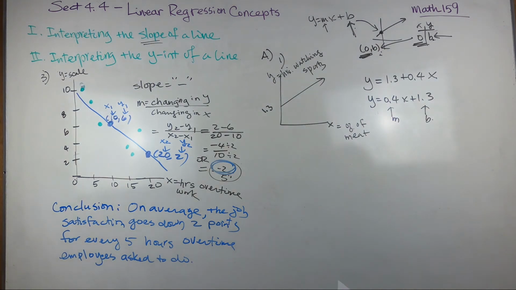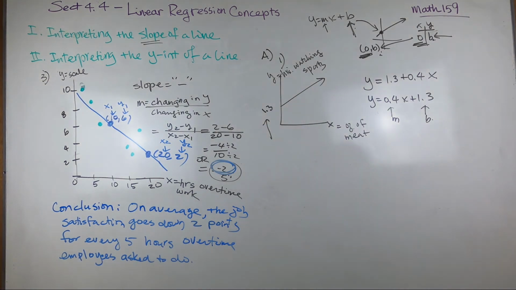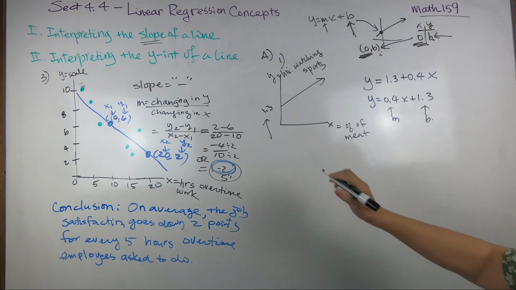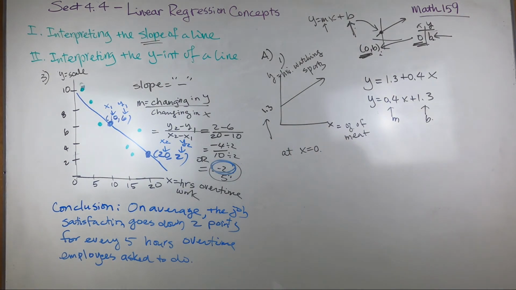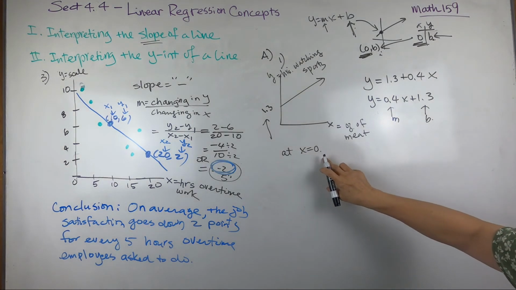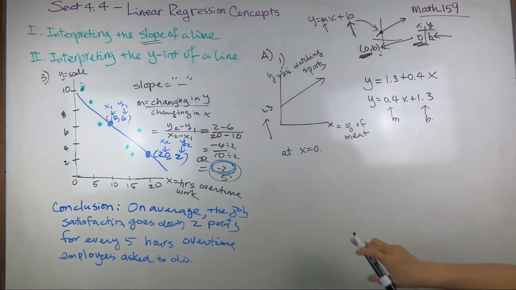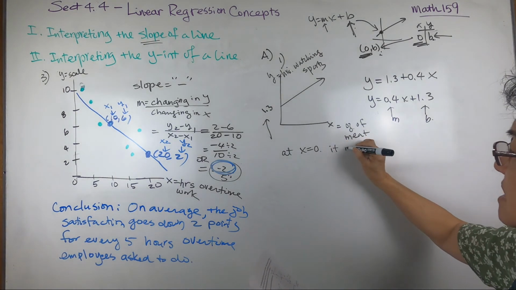Right? So it wants you to interpret the y-intercept. Interpret this guy. So interpret this guy means what? x is 0. If x is 0, how many ounces of meat does the person eat?